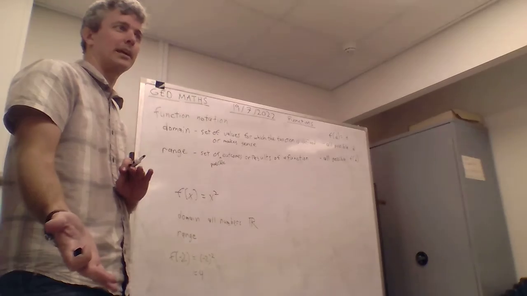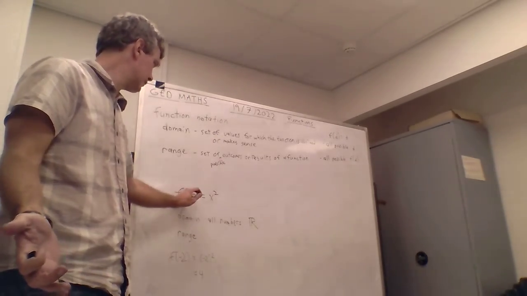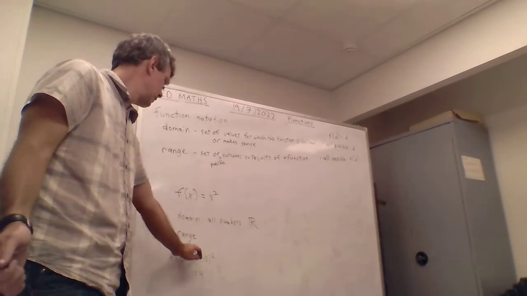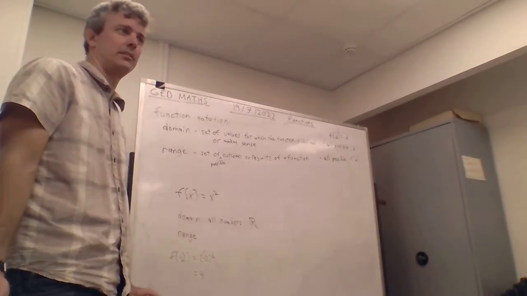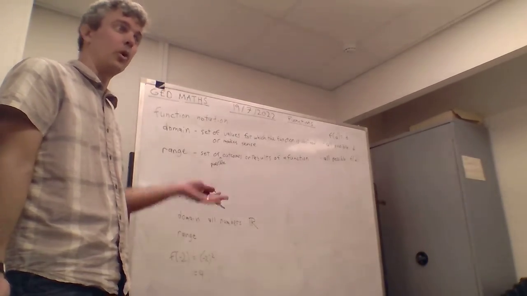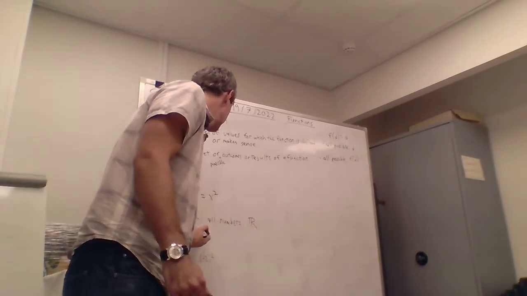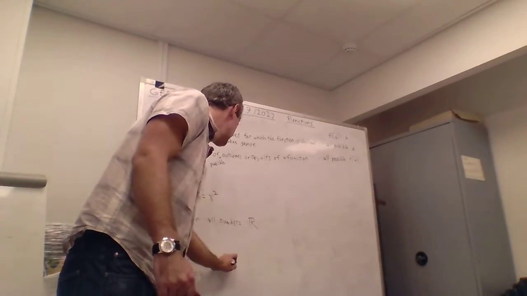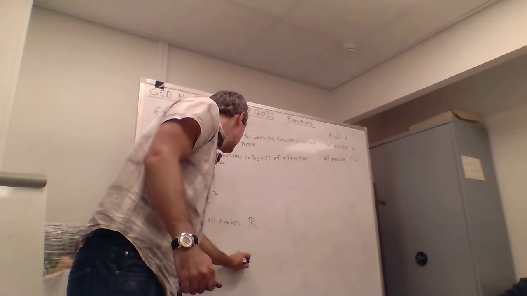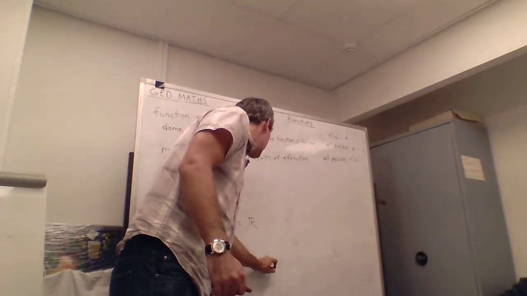I can't get it to be negative. Do you see that? For this f of x equals x squared, there is no number I can put in here that will get my outcome to be negative. So it's all positive numbers, and 0. So the range, I'll put a question mark here, range is basically f of x is greater than or equal to 0.